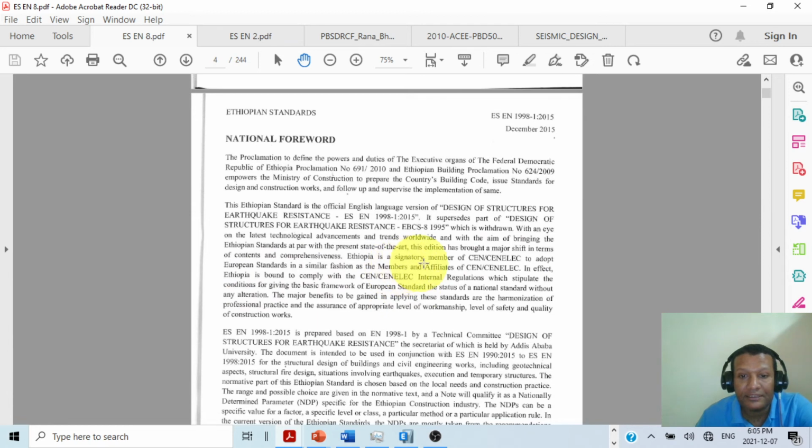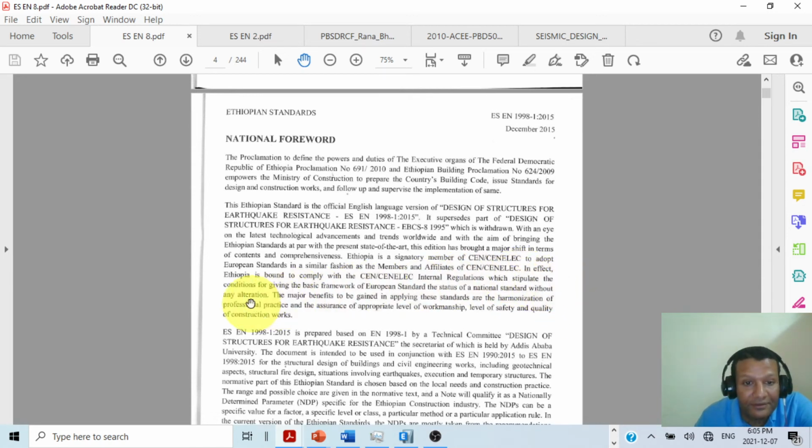Ethiopia is a signatory member of CEN/CENELEC to adopt European standards in a similar fashion as the members and affiliates of CEN/CENELEC.